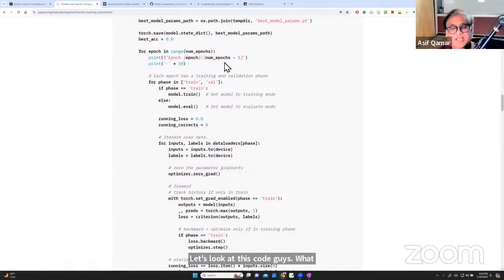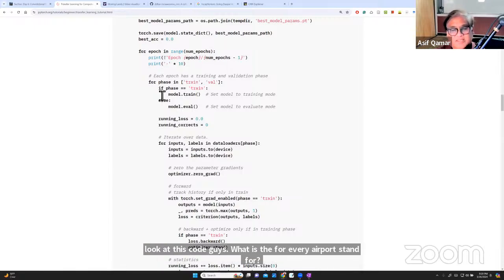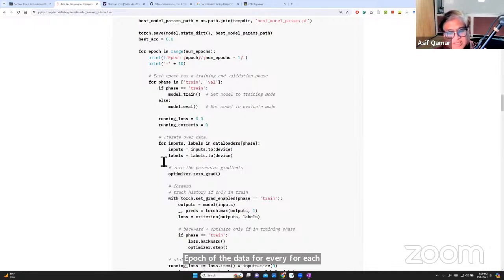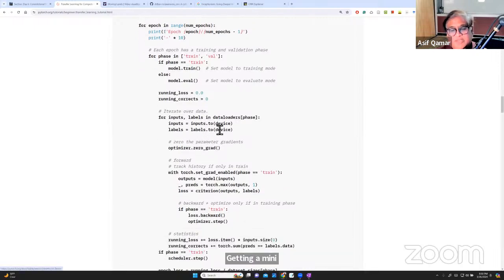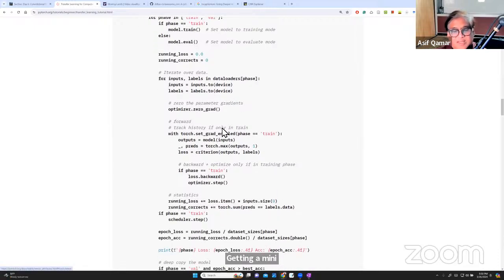What does the for every epoch stand for? Epoch of the data. For each phase of training and eval, that's okay. For each iterate over data, what is this? Inputs, labels, what are we doing here? Getting a mini batch. What are we doing? To device, this is pushing it onto the GPU.